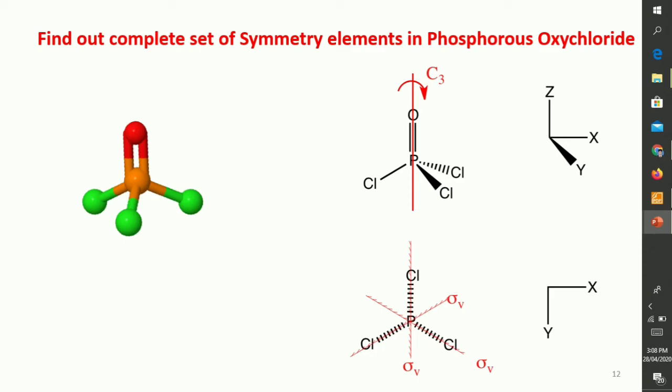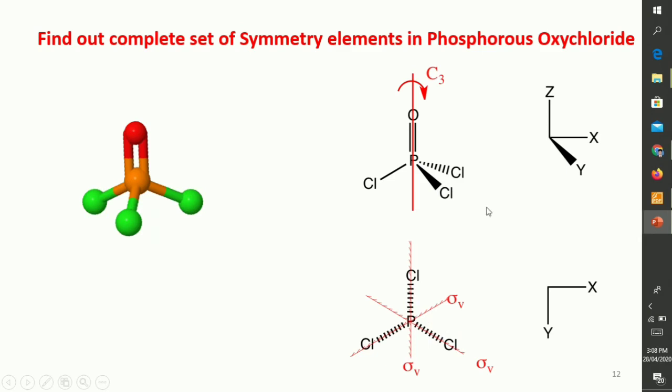Is there any kind of proper axis of rotation found in POCl3? No, there would be none. Only C3 is present in this molecule. Identity, C3 and sigma V. There are 3 sigma V in POCl3 molecule.